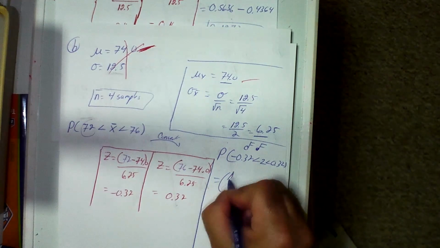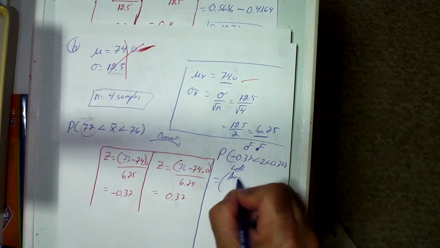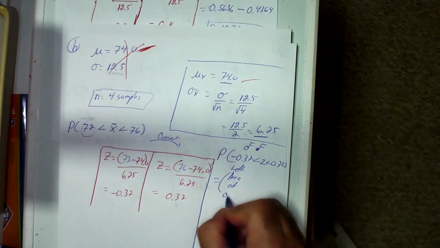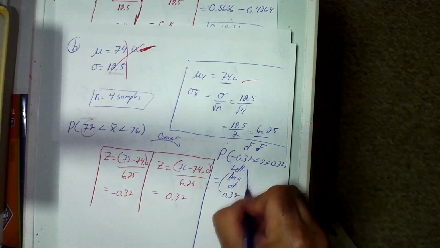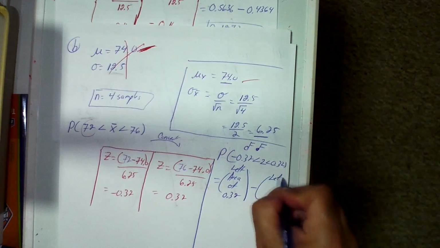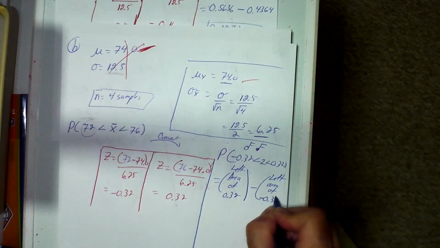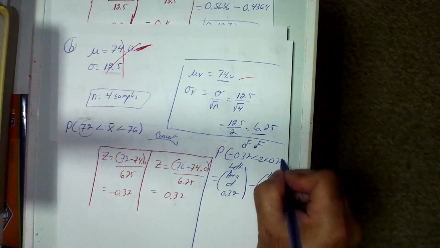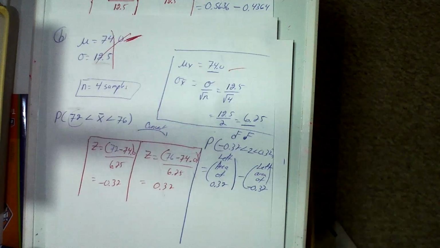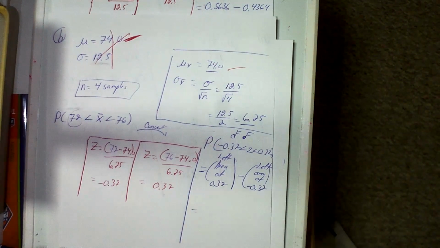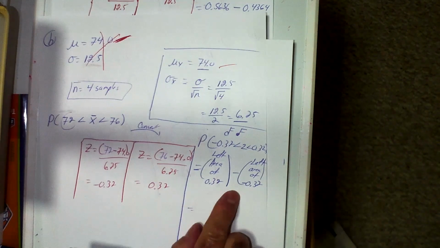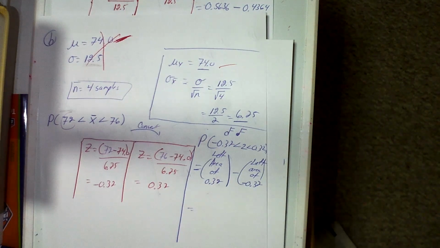Left area of 0.32. Left area of negative 0.32. I'm going to look up both areas, the positive and its negative counterpart, and subtract them. Yeah, subtract them.